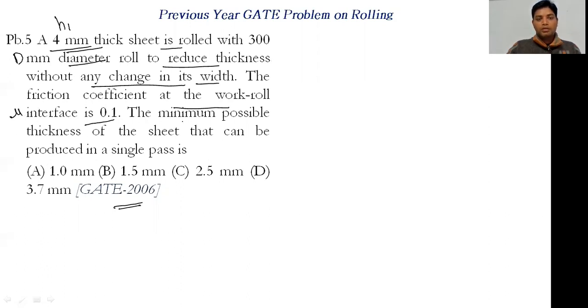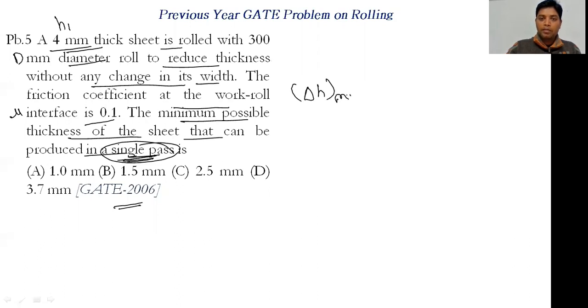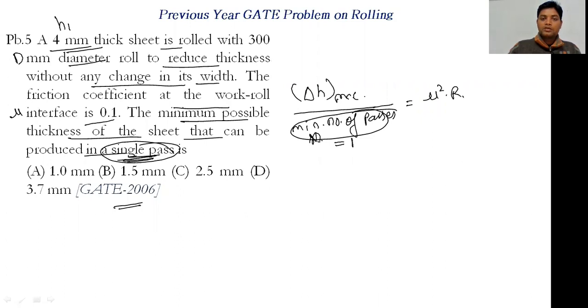The minimum possible thickness of the sheet that can be produced in a single pass, please keep in mind that it is a single pass. We also know that delta H maximum, that is the maximum possible draft, upon the minimum number of passes, is equal to mu square into R. Since a single pass is given to you, this value of small n is equal to 1.